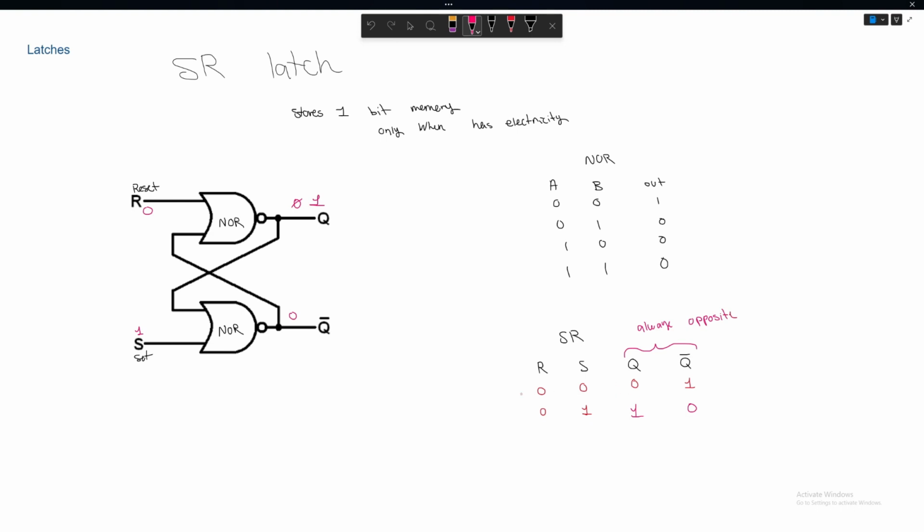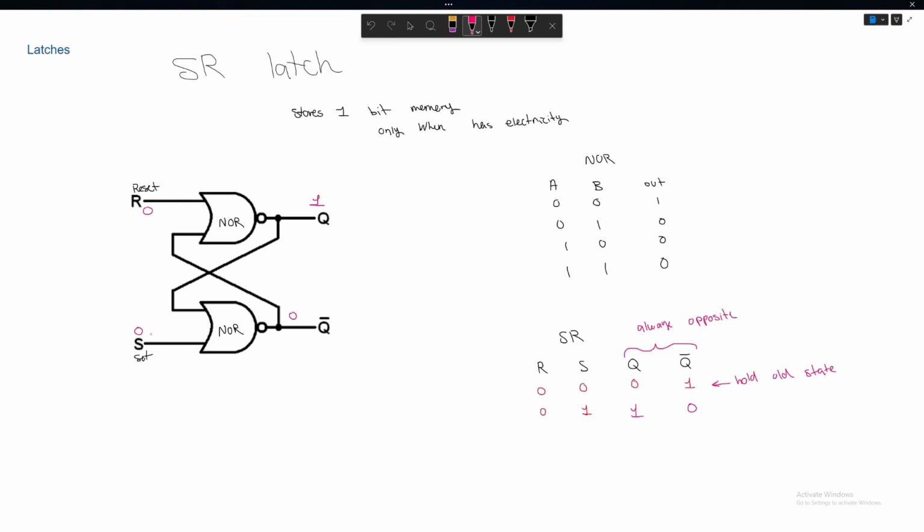So when both of them are 0, it holds the old state. So if before this was a 1, it will stay at 1. If it was at 0, it will stay at 0. So watch, you know how this is a 1 right now? What I'm going to do is turn this back to 0. Right?